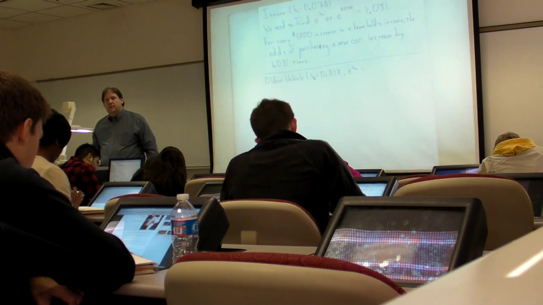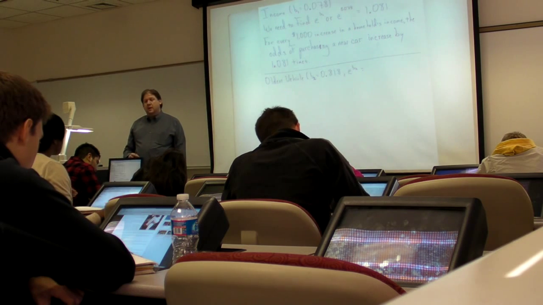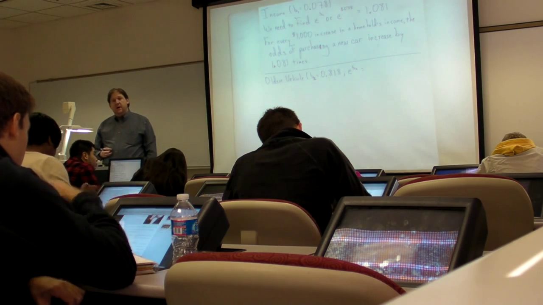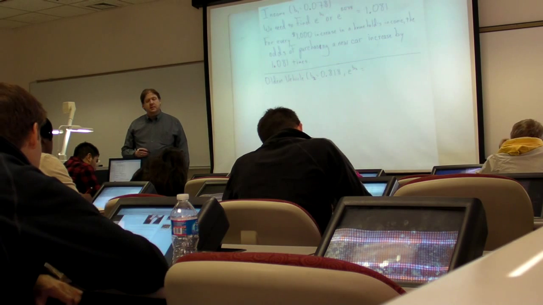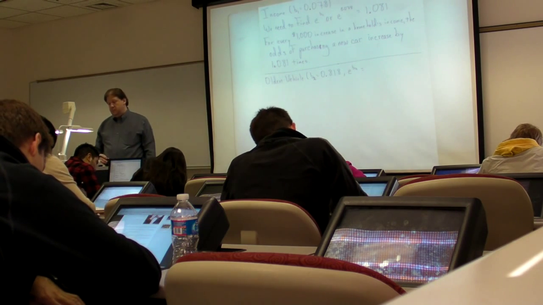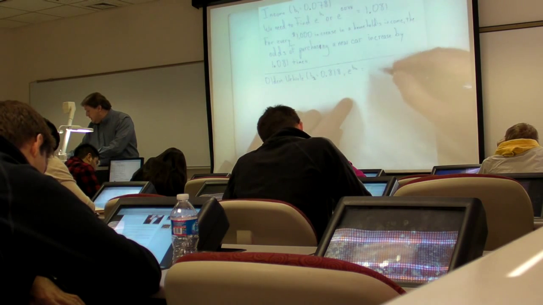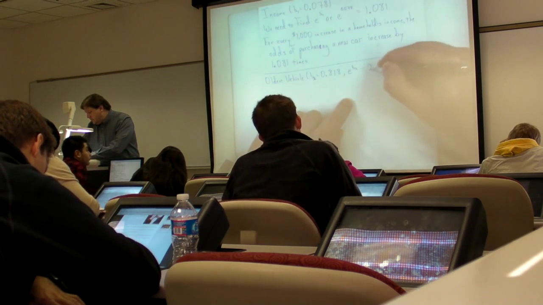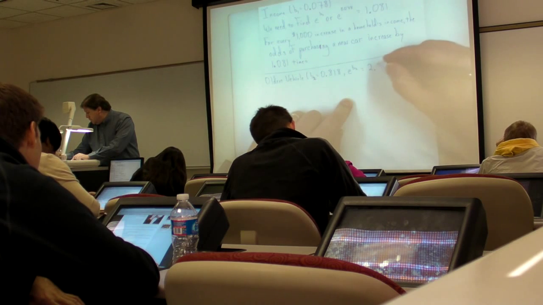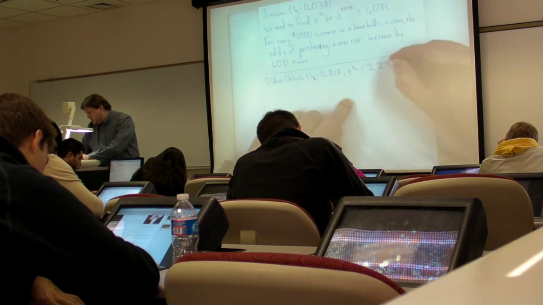If I take that coefficient and raise e by that power, so if I take the exponential, raise it by the power of b2, what I would get in that case is 2.266.